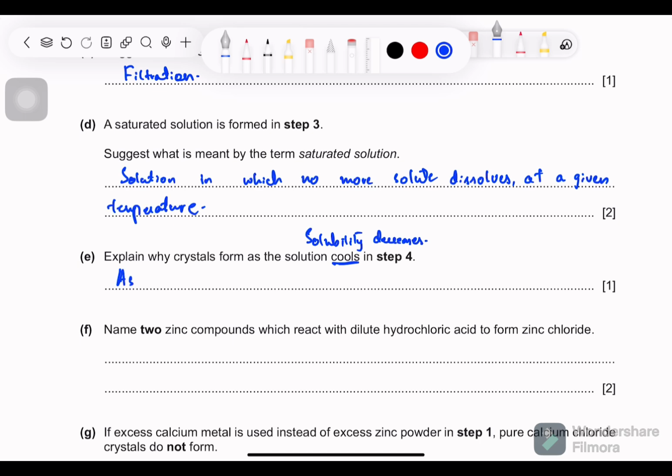So as temperature decreases, solubility, meaning the ability to dissolve, of zinc chloride decreases.